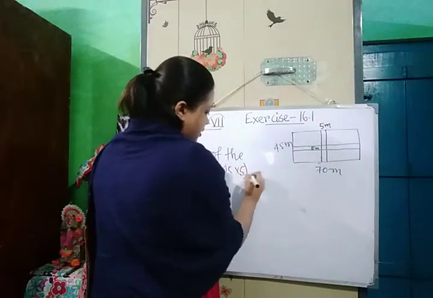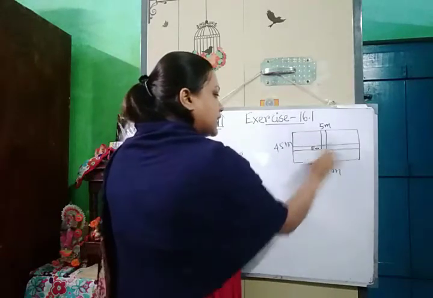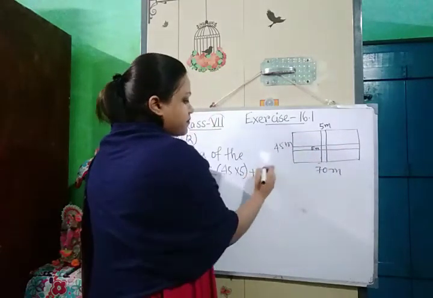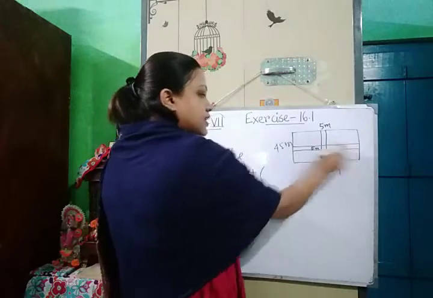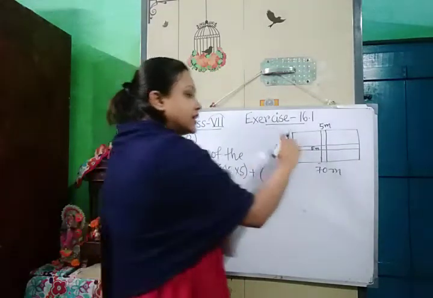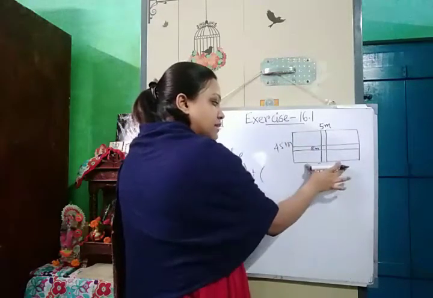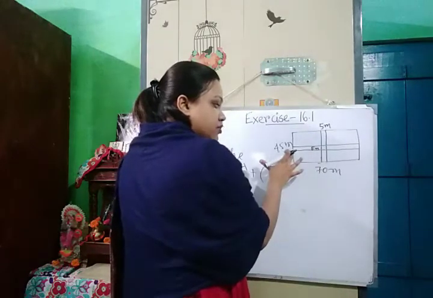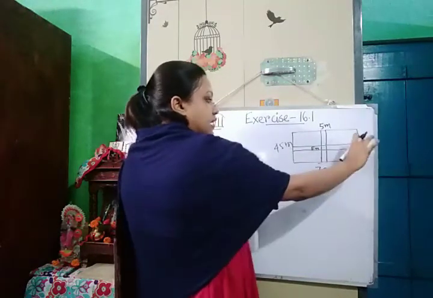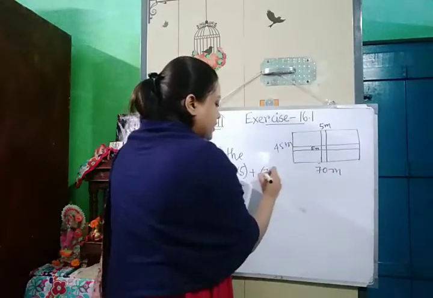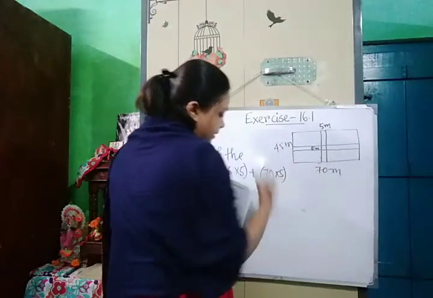Now we have to add the area of this road, which is another rectangular shape. Its length is 70 meter, and breadth is 5 meter. So 70 into 5, length into breadth.